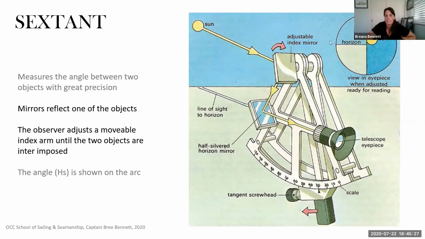You're gonna see the sun superimposed because it reflected off of a mirror to another mirror and through your telescope, and then you're gonna see the horizon directly out. So through that glass, you see whatever you see out there, which would be the horizon. And then on that mirror, you're gonna see the sun or the star or whatever celestial body you're gonna be observing. For now, I'm just gonna talk about the sun.